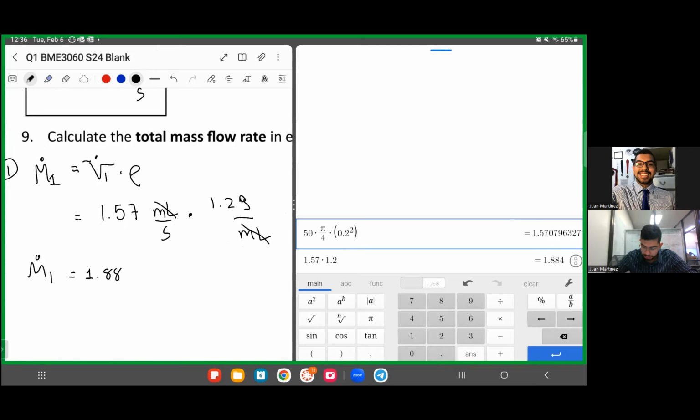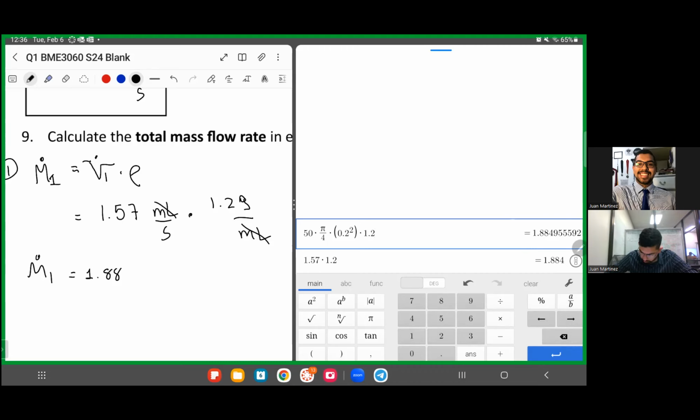Something that you could do, just to be more precise, is, if you can, use the stored number in your calculator, like whatever this is, not the entire decimal. If you compare the answer that I'm getting in both instances, we can see that we get the same.